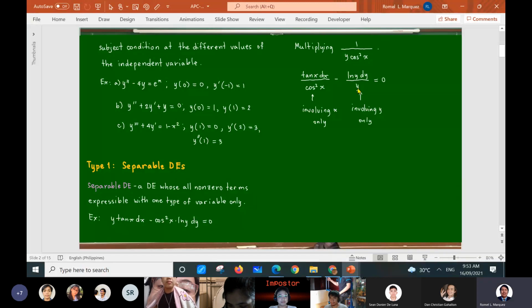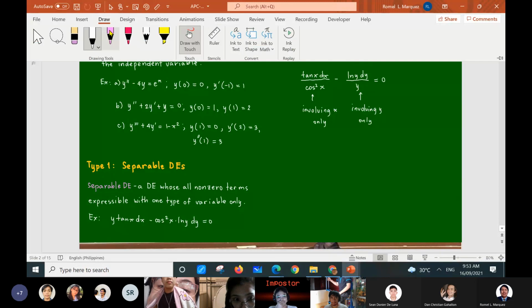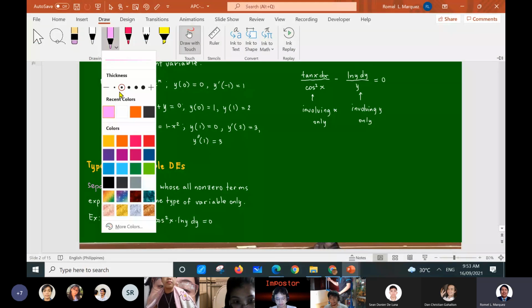So how to solve a separable DE? We call this the method of solution.